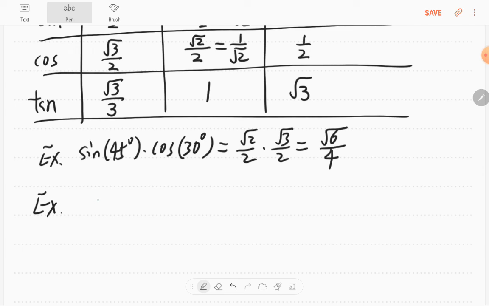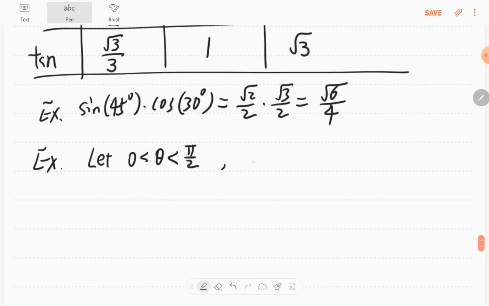Okay, so here we let theta be between 0 and pi over 2. And we know that cosecant theta is 2 square root 3 over 3. We want to find theta. Okay, so we look at the sine.